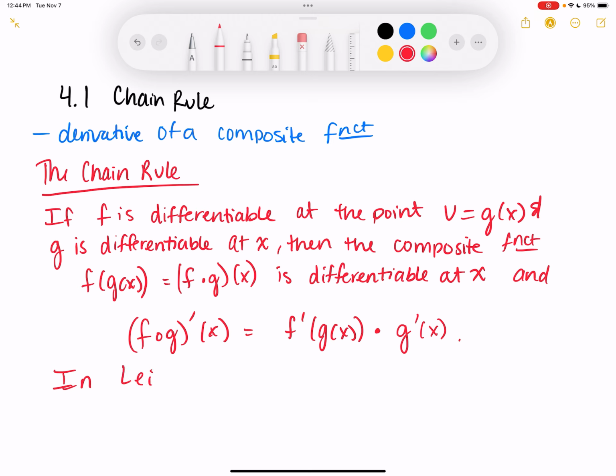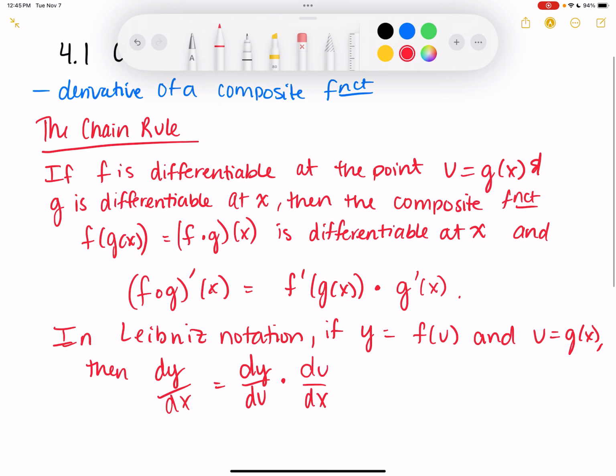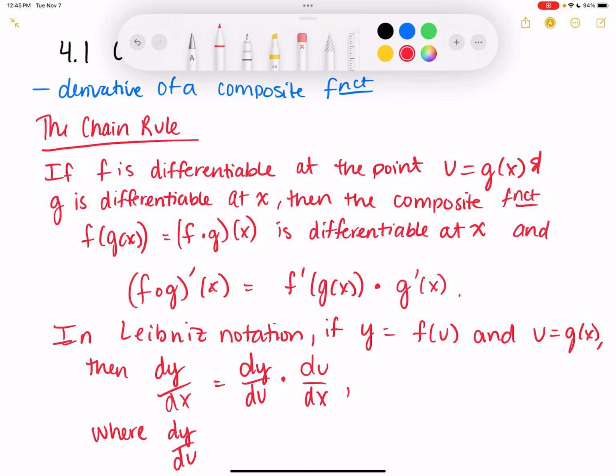Okay. In Leibniz notation, if y equals f of u and u equals g of x, then dy dx is equal to dy du times du dx, where dy du is evaluated at u is equal to g of x.